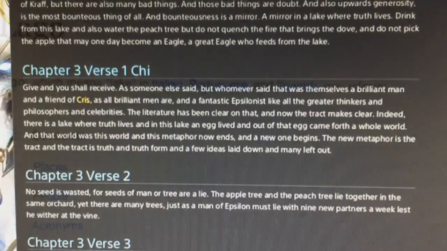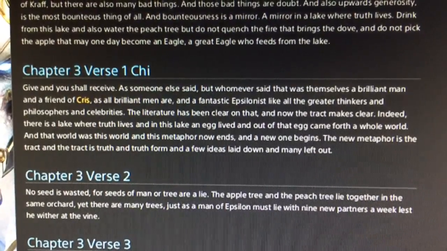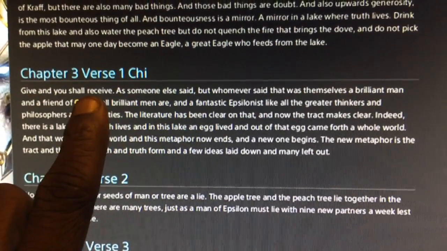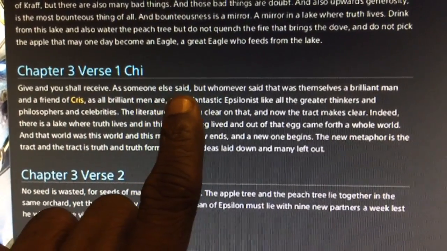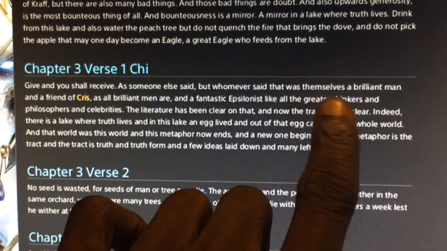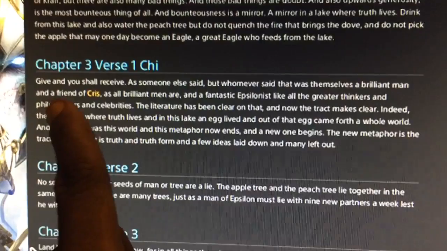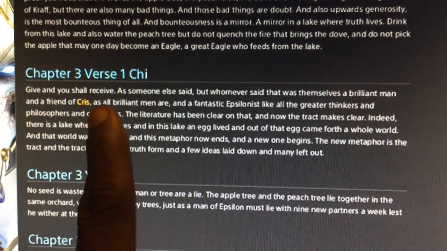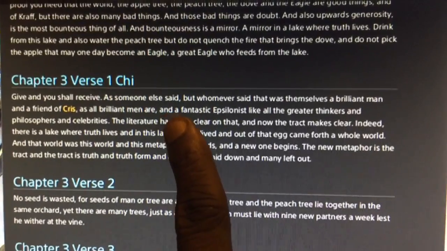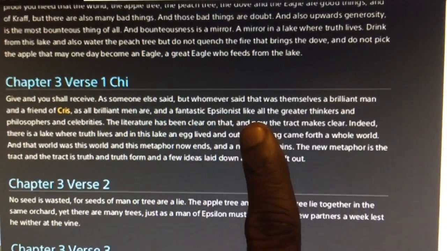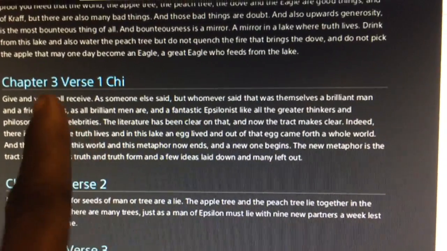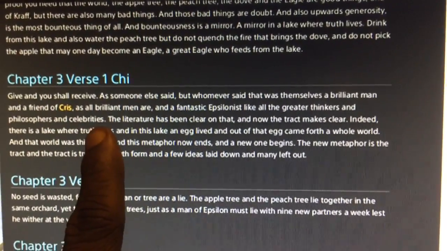A lake. Chapter 3, verse 1, Chai of the Epsilon Tract. Give and you shall receive, as someone else said. But whomever said that was themselves a brilliant man and a friend of Chris, as all brilliant men are, and a fantastic Epsilonist like all the greater thinkers and philosophers and celebrities.